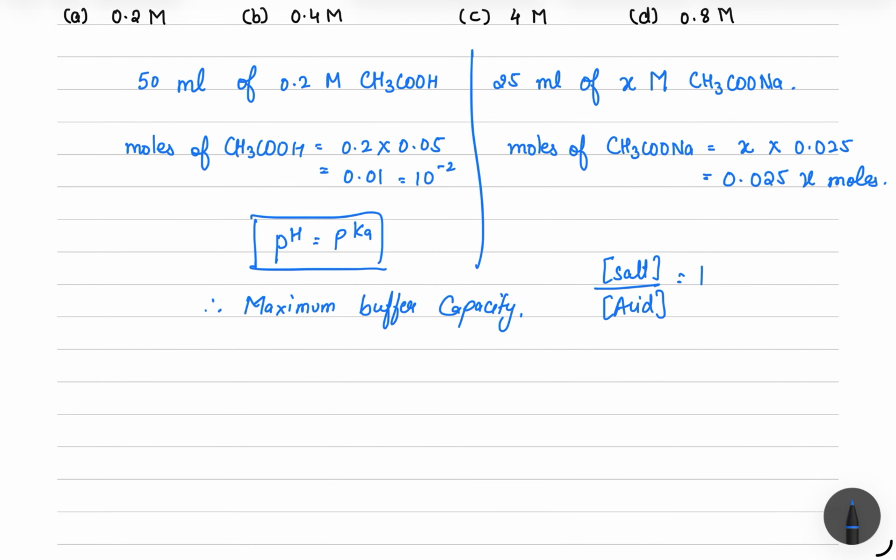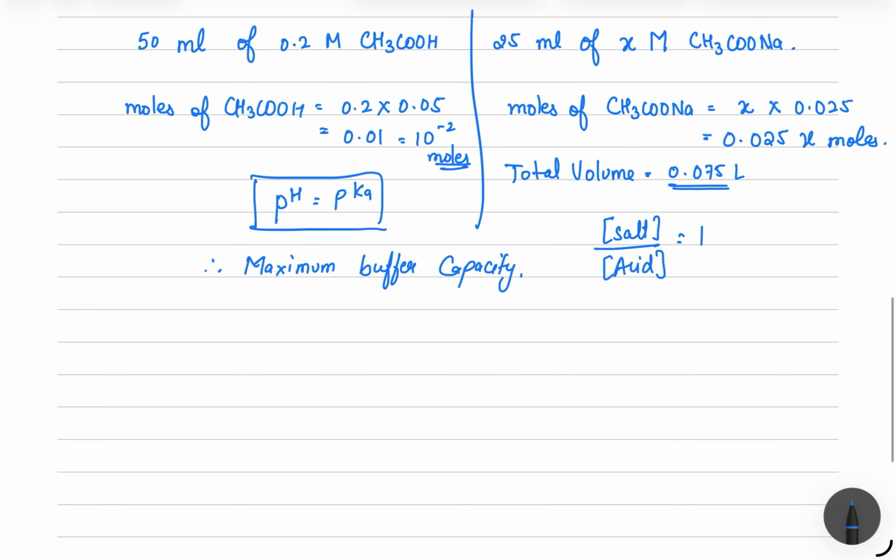Now here we have taken concentration. These are number of moles. If you calculate total volume, that will be equal to 50 plus 25, that is 75 ml, that will be 0.075 liter. Okay, so now concentration of salt, so that will be 0.025 x divided by 0.075.